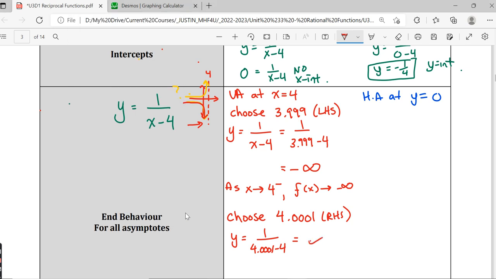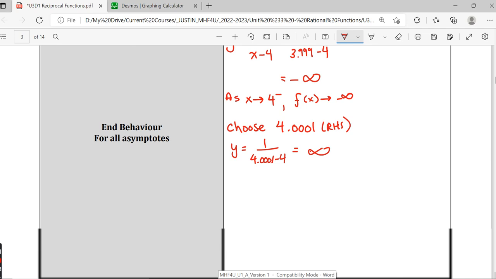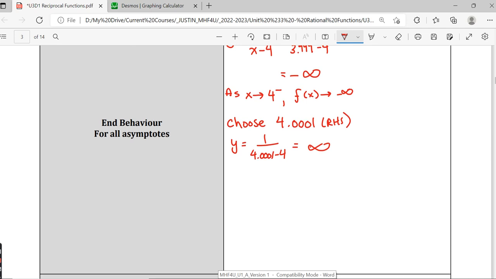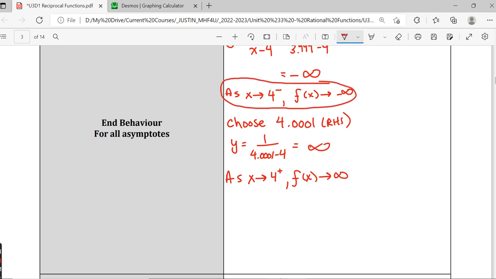That's a very big number, isn't it? Very, very big number. So what does that mean? Now I know that as x approaches 4 from the right, our function will approach positive infinity. There we go.